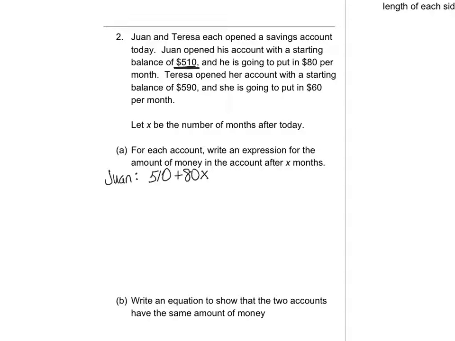Teresa opens her account with $590 and then is going to add $60 per month. So our expressions are, for Juan, 510 plus 80x, and for Teresa, 590 plus 60x.